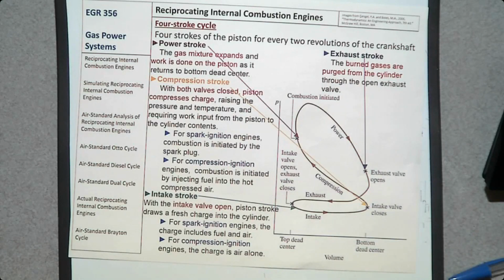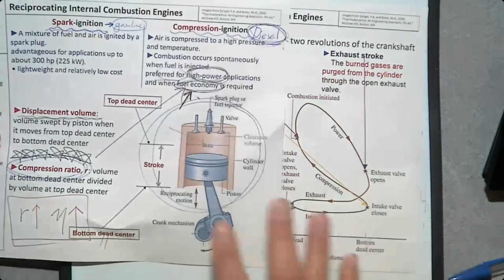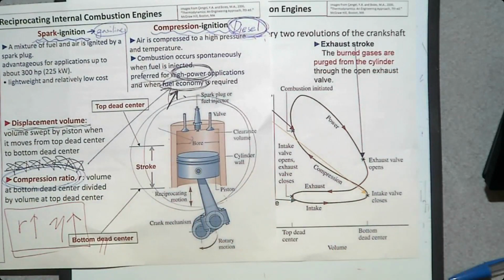So it's easy to explain using this figure. So the first one, we usually start with compression stroke. Compression stroke means the piston is at the bottom dead center. So the piston moves to bottom dead center, and assuming that we have an air-fuel mixture already inside. Do you want to have a combustion right away?